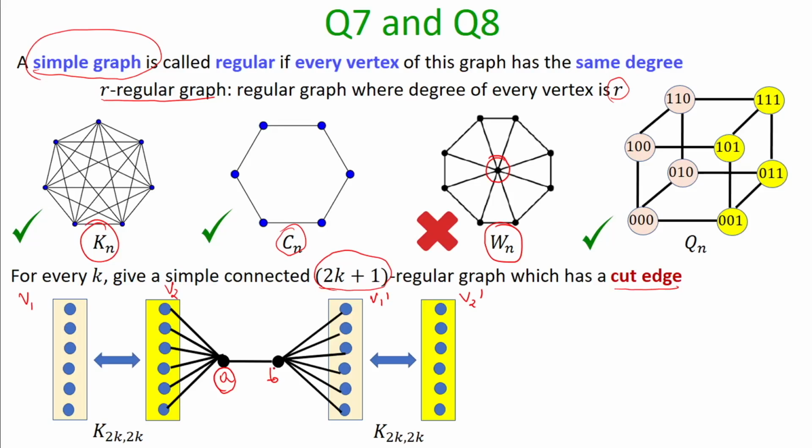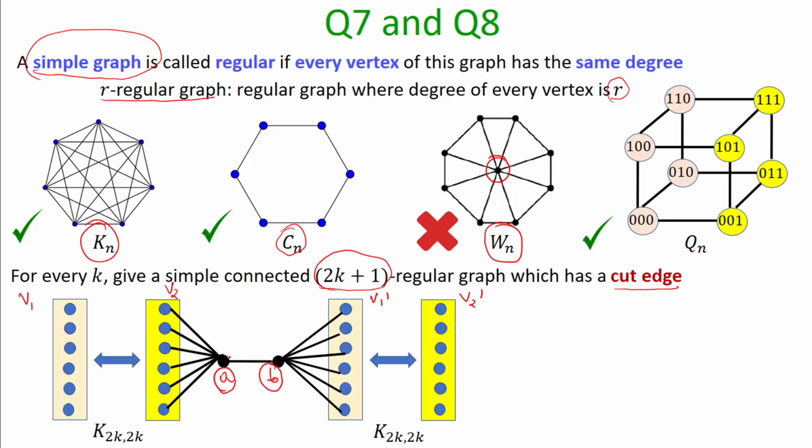Using a similar argument, the degree of B is also 2k plus 1, because B has a neighbor in every vertex in V1 prime. Through that it gets 2k degree, and B is also a neighbor of the node A, so an additional degree. So the degree of B is also 2k plus 1.